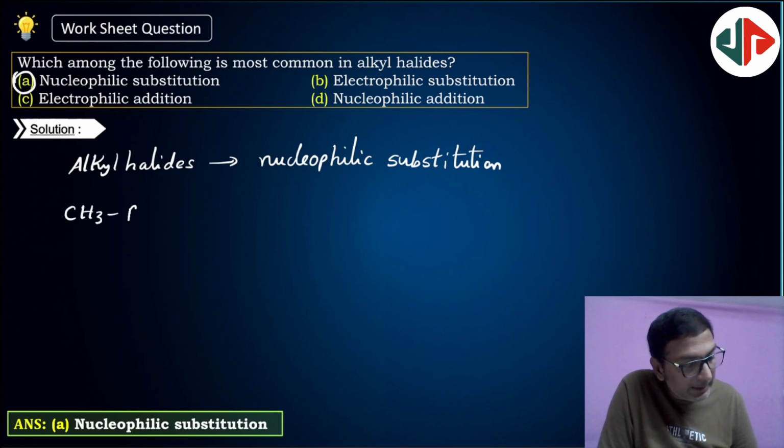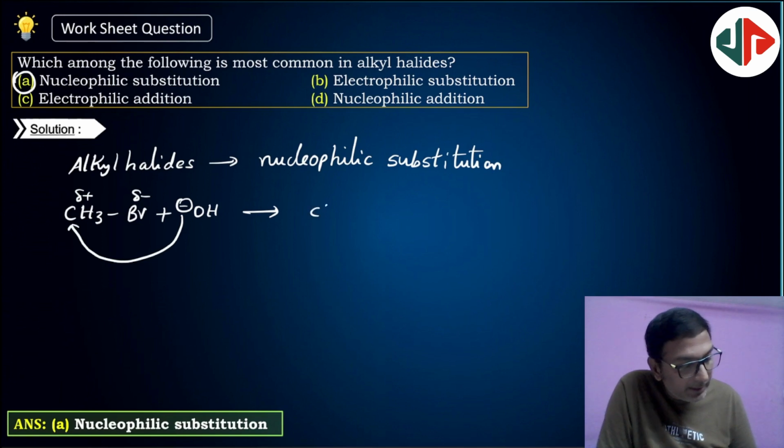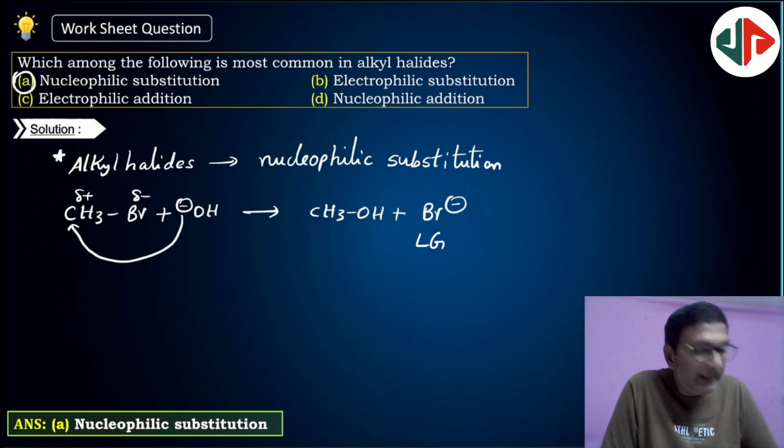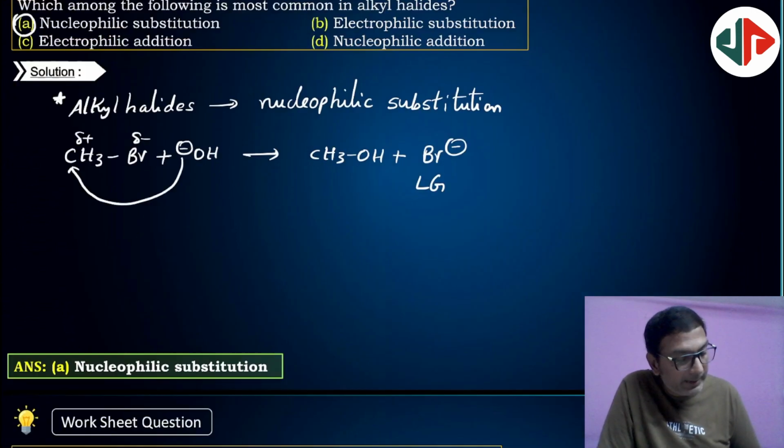Suppose CH3Br plus take OH minus. OH minus is nucleophile. So delta minus and delta plus. So OH minus attacks electron deficient carbon to form CH3OH plus Br minus. Here Br minus is leaving group. So generally alkyl halides undergo nucleophilic substitution. Next.